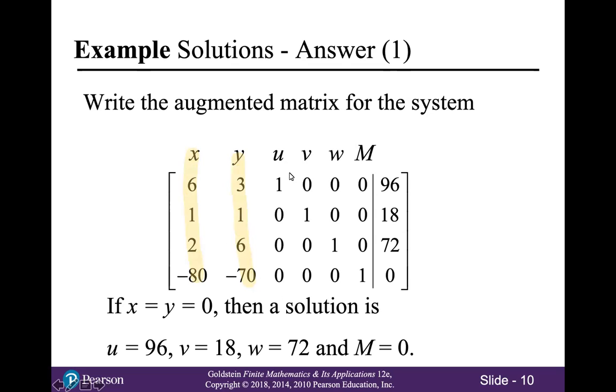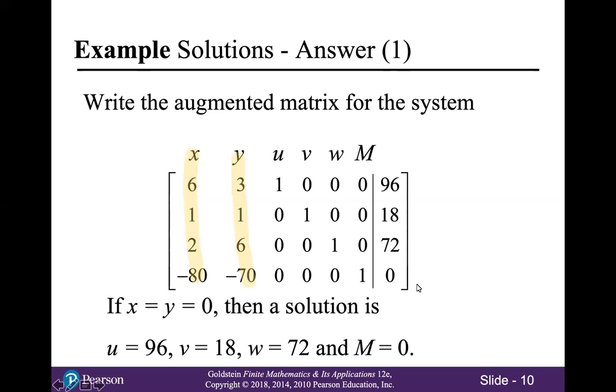So that leaves you with this nice identity matrix. It's in diagonal form, like we talked about in chapter 2. And it's very easy to read off the solution. U would equal 96, V equals 18, W equals 72, and M equals 0.